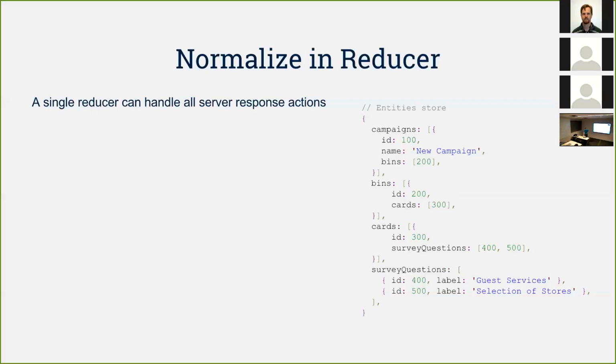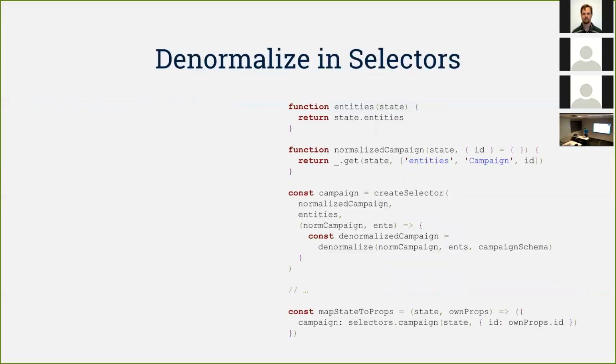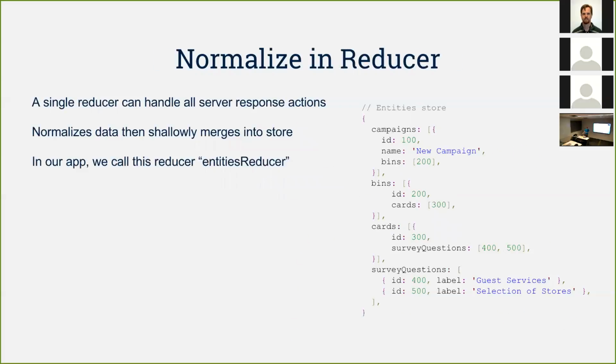We just have one reducer, which we call the entities reducer. And then that reducer normalizes the data and shallowly merges it into the slice of the store that it maintains. So this is the normalized data, which I showed you a few slides ago. This is the data that goes into the entities store, which is managed by this entities reducer.